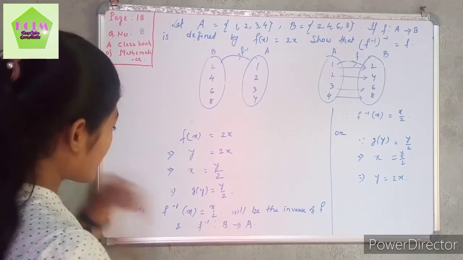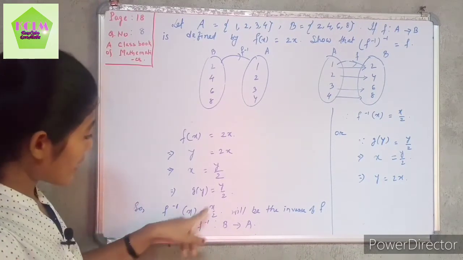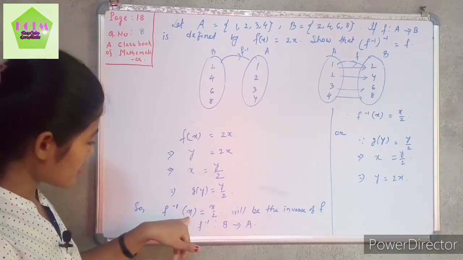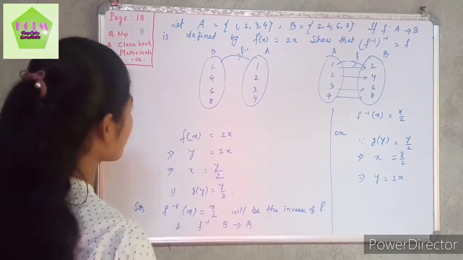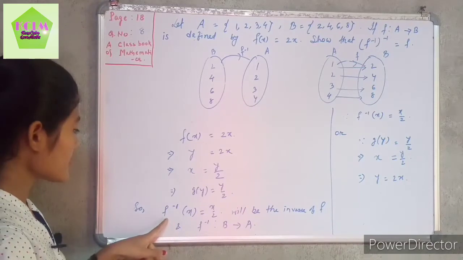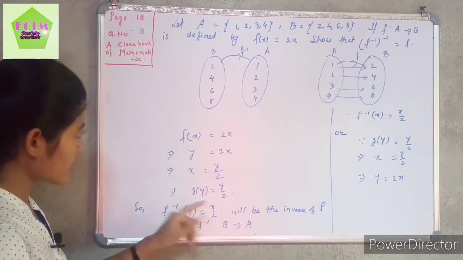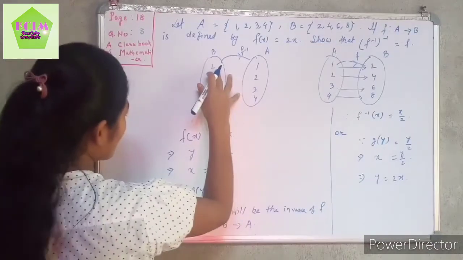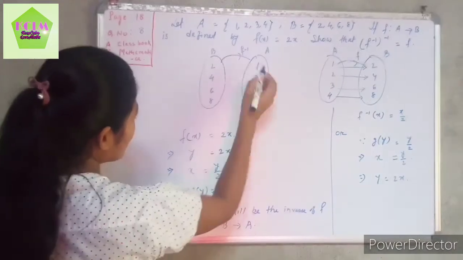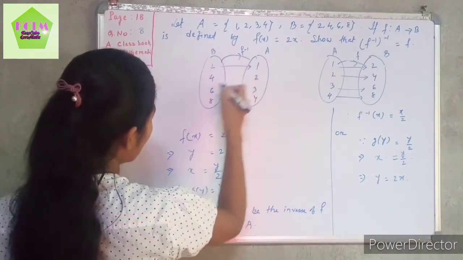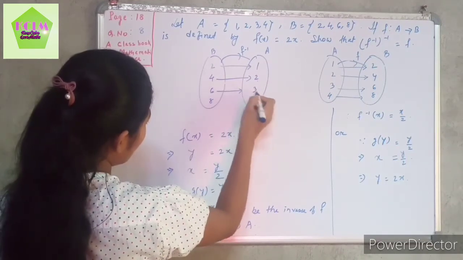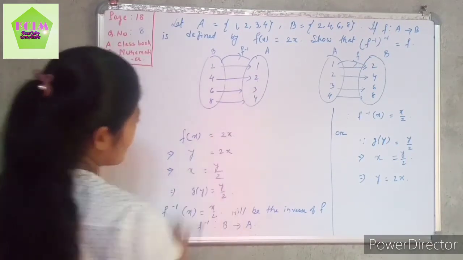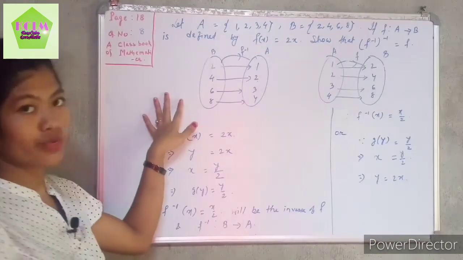Since f inverse of x equal x by 2, that means the image of this element x will be x by 2. Therefore, for the element 2, it will be 2 by 2, which is 1. So this is related to 1. Similarly, 4 by 2 is 2, 6 by 2 is 3, 8 by 2 is 4. So the function will be like this.